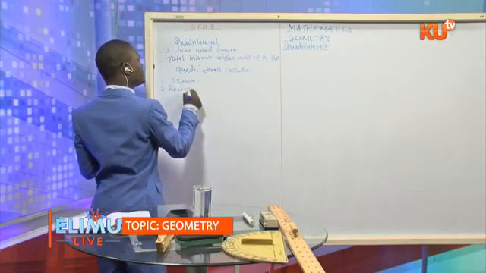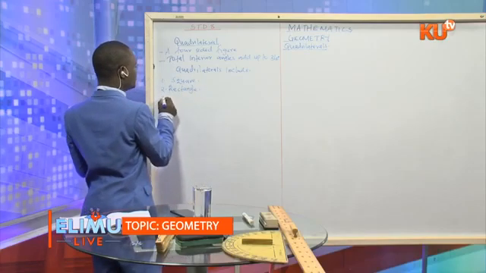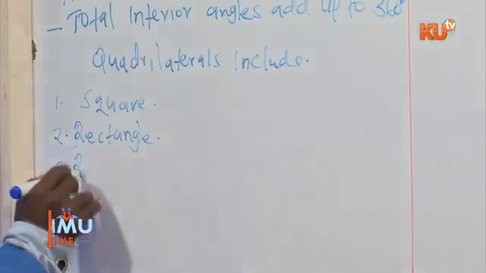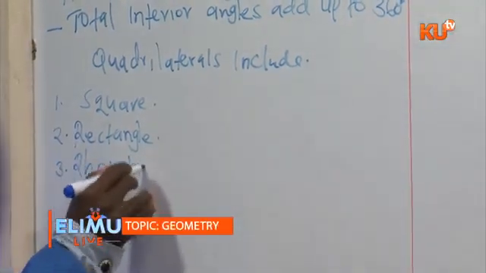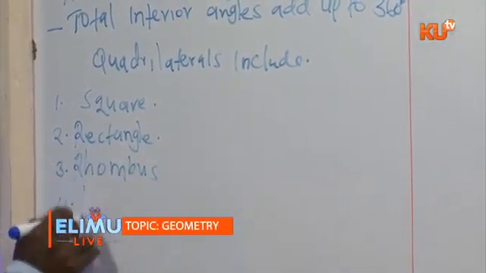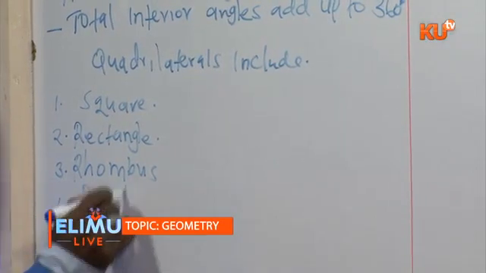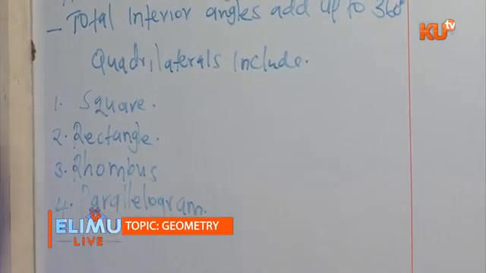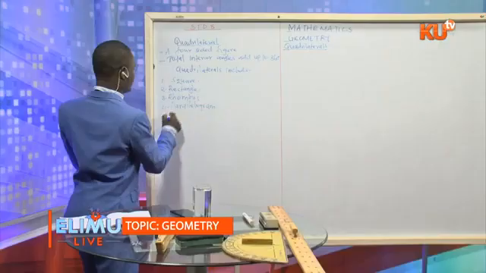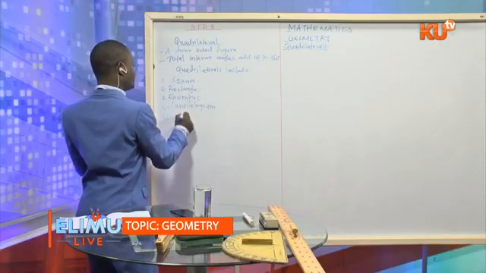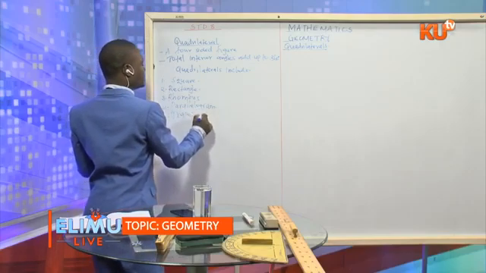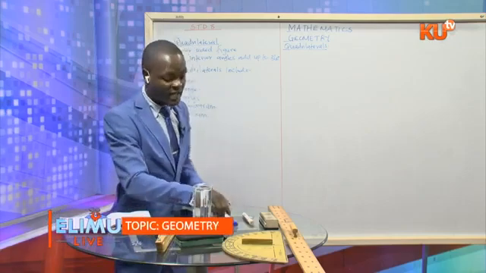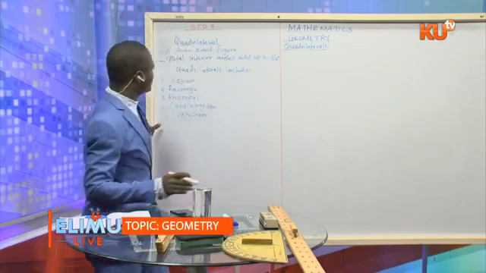Rectangle is also an example of a quadrilateral. We also have rhombus. Number 4, we have parallelogram. Finally we have trapezium. So these five quadrilaterals are the ones that I'm going to discuss.